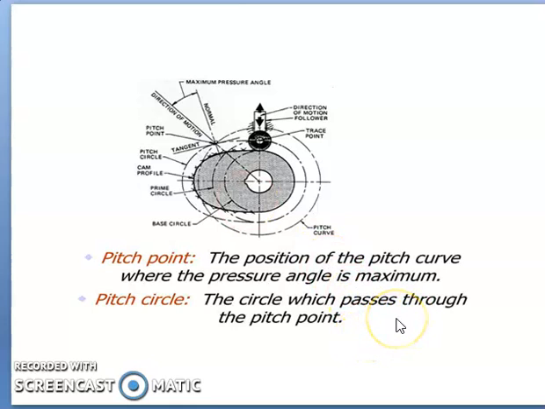So these are the various terminologies which we are using. When the pressure angle is more, it means the cam is too steep, and it will be difficult for the cam follower to climb.